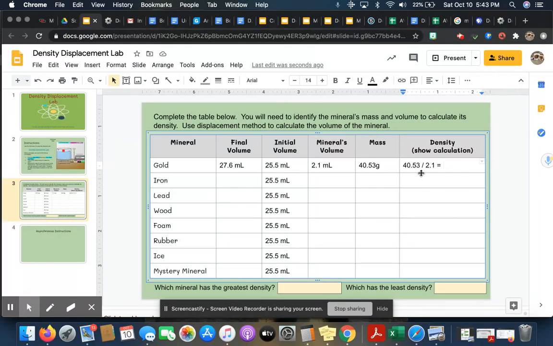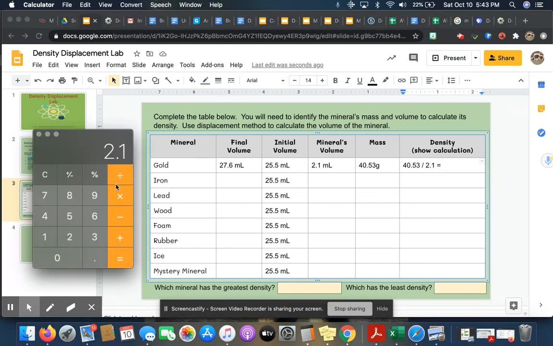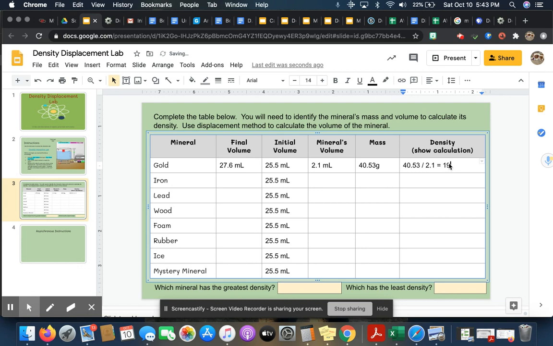You're going to use a calculator. That is okay. But I expect you to show me the correct setup. So now I'm going to solve. 40.53 divided by 2.1 equals. So this tells me the density of my object is 19.3. So it'll be 19.3 grams per milliliter, because we have to have our units. This is grams, this is milliliters. We have to have our units.